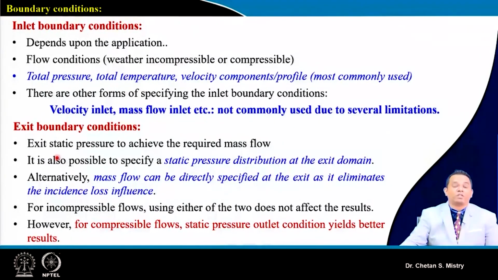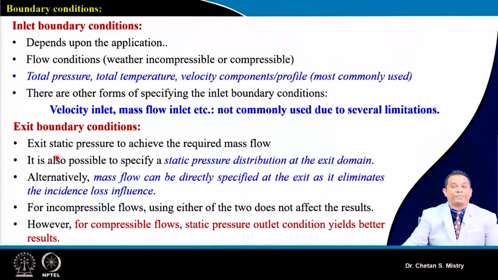Just understand one thing: basically we have discretized our domain. Each element we have selected will be solving our three equations: the continuity equation, momentum equation and energy equation. By solving those, we get different parameters like pressure, velocity, temperature, density, all those calculations.